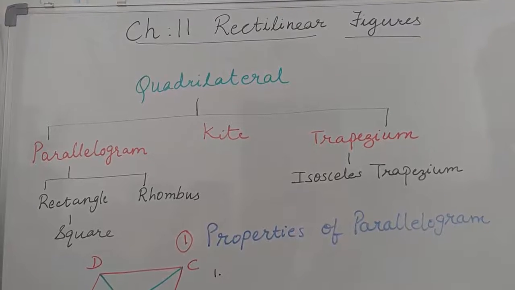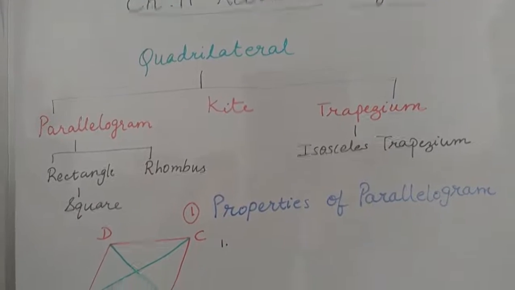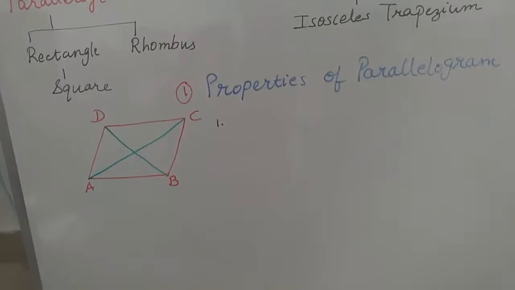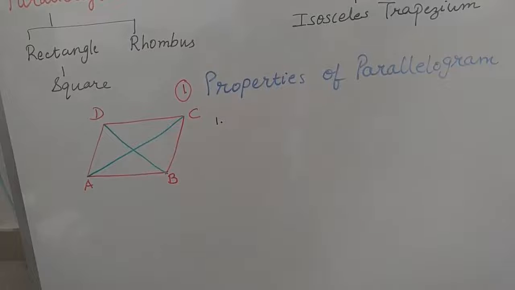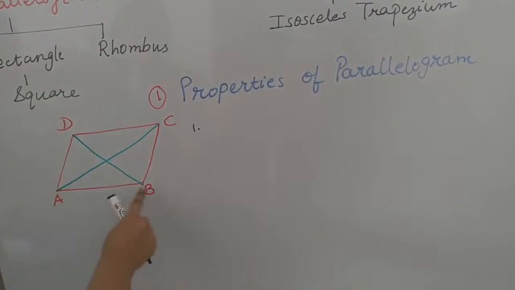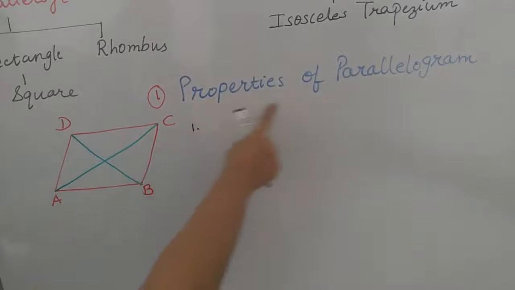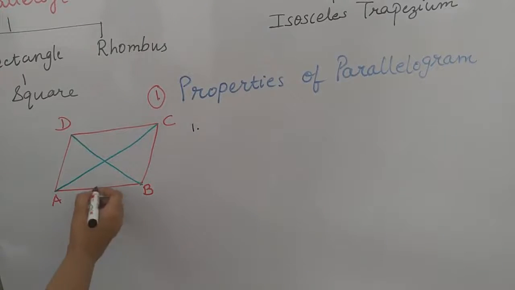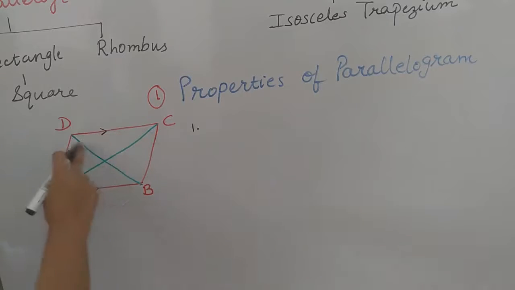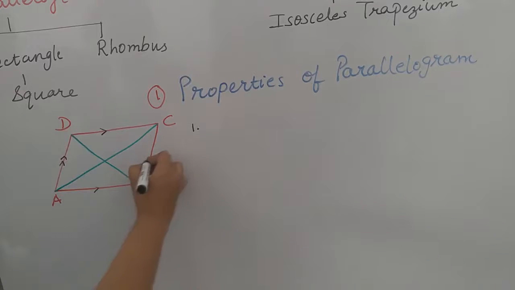Here we are going to learn about the properties of a parallelogram. You can see the figure I have drawn of a parallelogram. This is a quadrilateral ABCD, and these are the diagonals. In this figure opposite sides are parallel, meaning AB is parallel to CD and AD is parallel to BC.